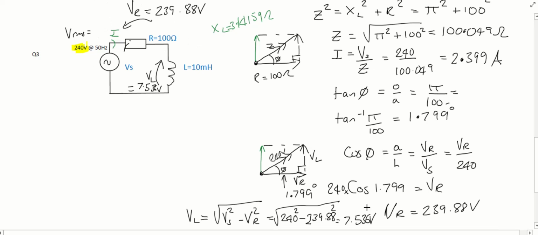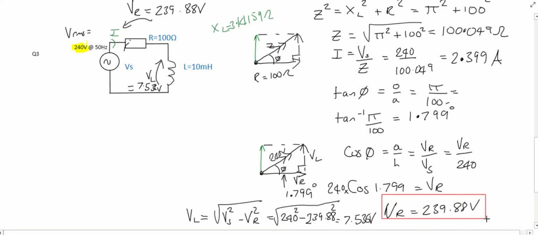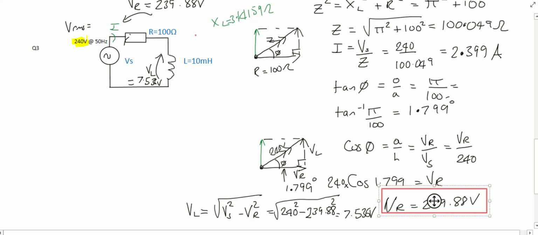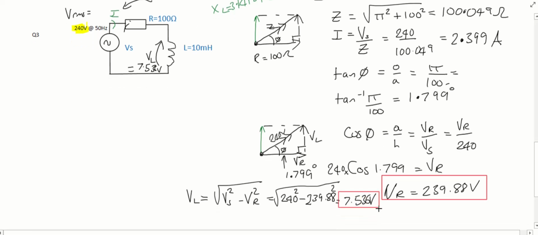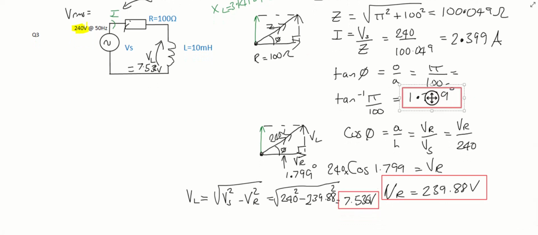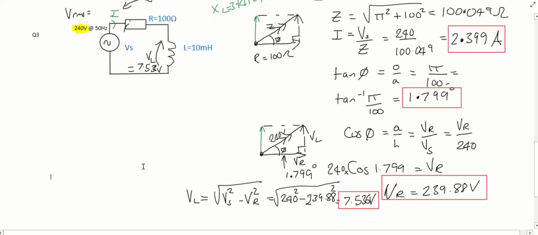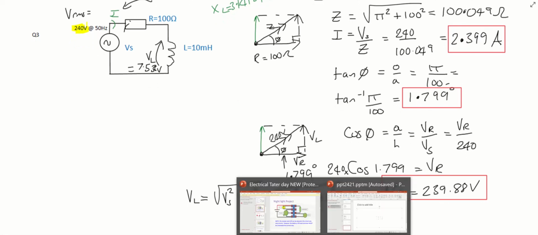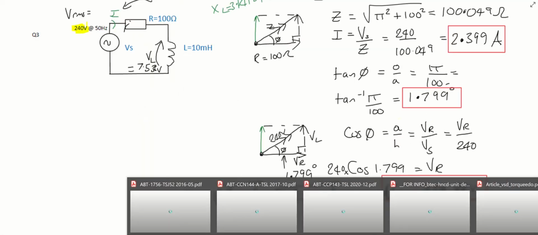We could highlight those as well, so it's clearer on here. And the phase angle, and the current. And that is a series circuit with an inductor and resistor in it. I'm going to stop there until the next video, which will include a capacitor calculation.